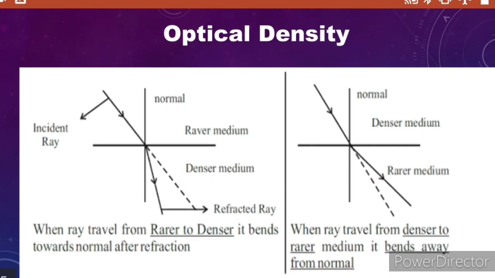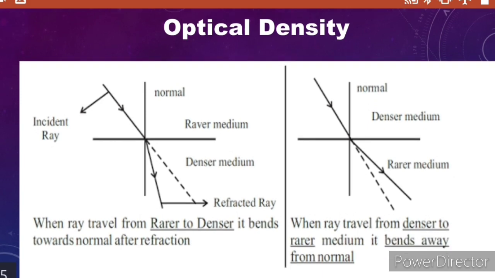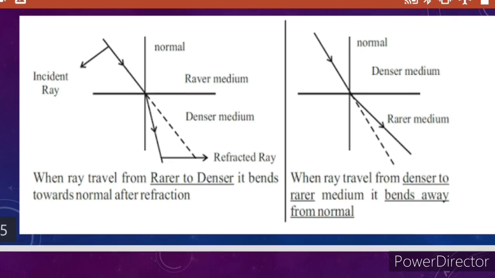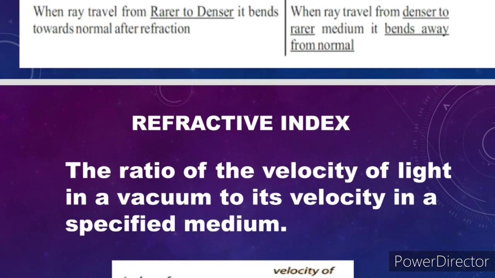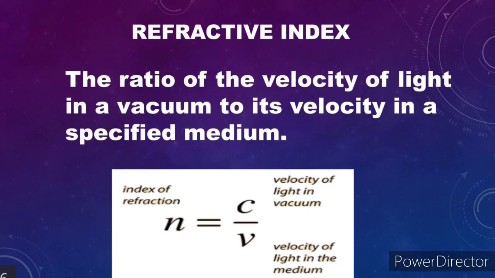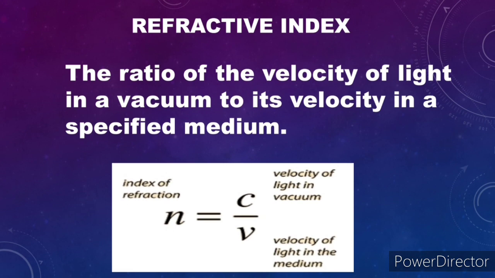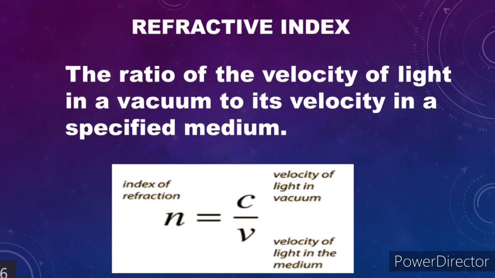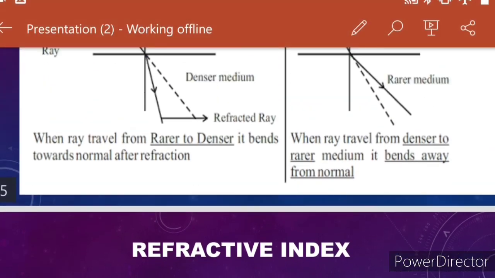Now let us move straight to the main term associated with optical density. The term related to optical density is refractive index. What is refractive index? It is basically the ratio of the velocity of light in vacuum to its velocity in a specified medium.